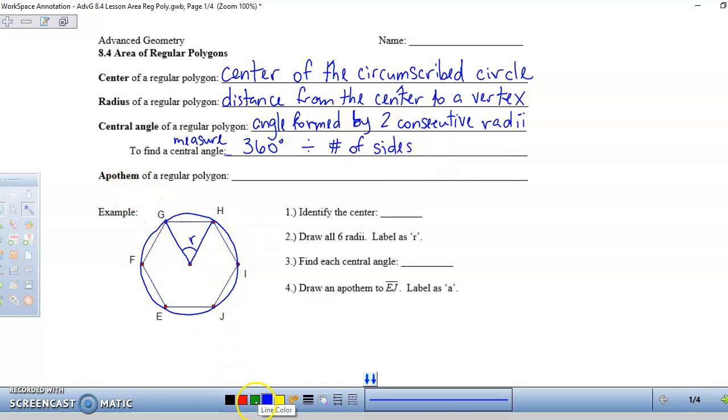Okay, next, this word is brand new, I'm sure, to everybody. Apothem, or apothem, some people say. I always say apothem. But the apothem of a regular polygon is what gets you that perpendicular that you need whenever you're doing area. So the apothem is the perpendicular distance from the center to a side.